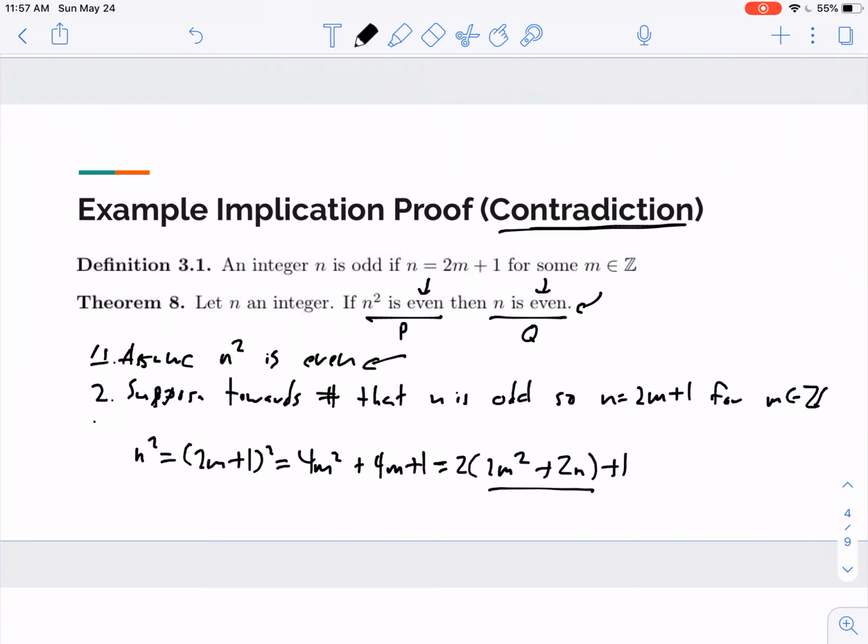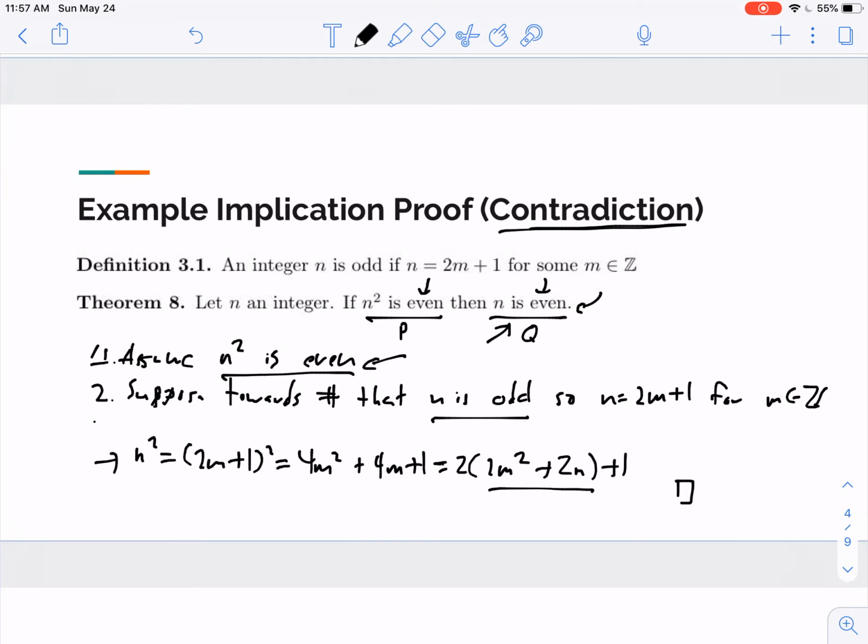And since m is an integer, 2m squared plus 2m is an integer, which means that n squared is odd. That produces a contradiction because we assumed that n squared was even, and therefore our initial assumption that n is odd must be wrong, and therefore n must be even. So that completes the proof.